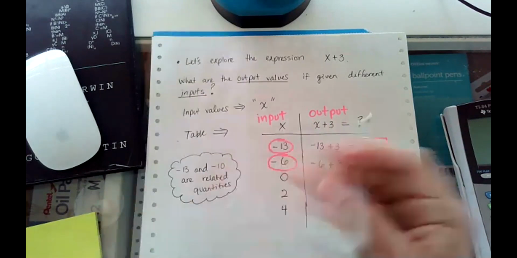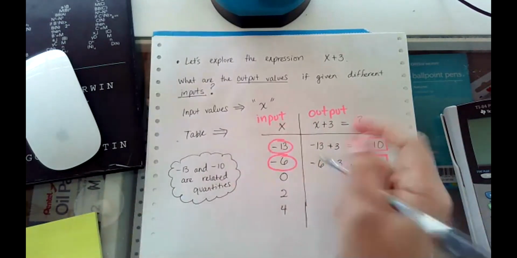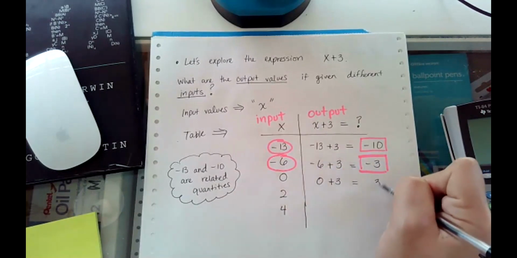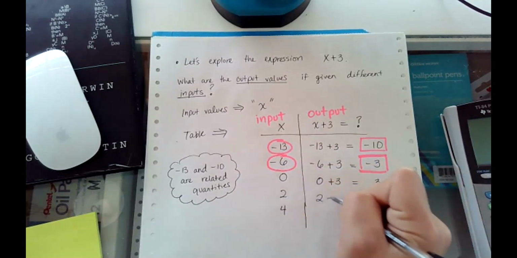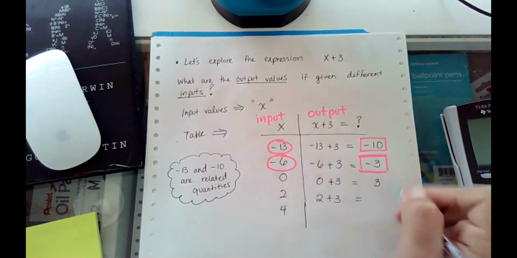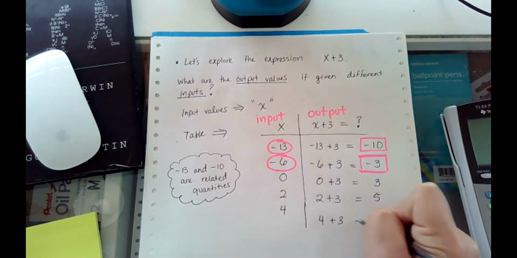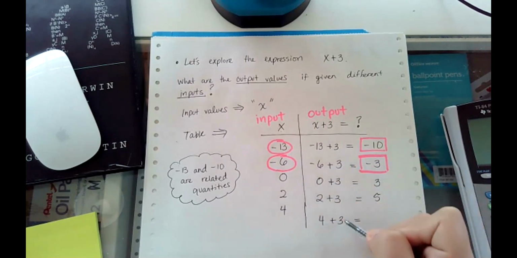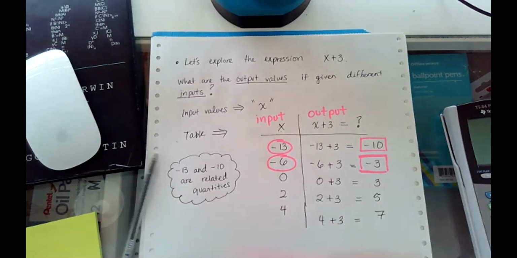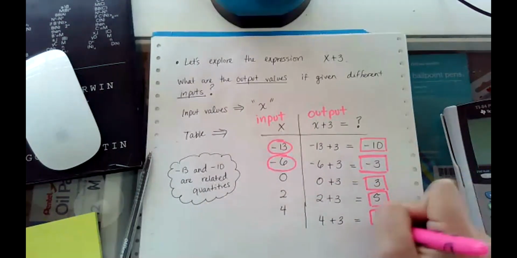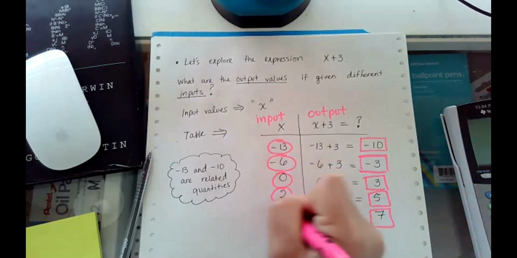And I can just continue going down the inputs, right? I'm going to put a new input in, 0 plus 3. I get 3 there. 2 plus 3, I get 5 there. 4 plus 3, what do I get there? 7. So I have this collection of inputs and the outputs that they're related to, right?